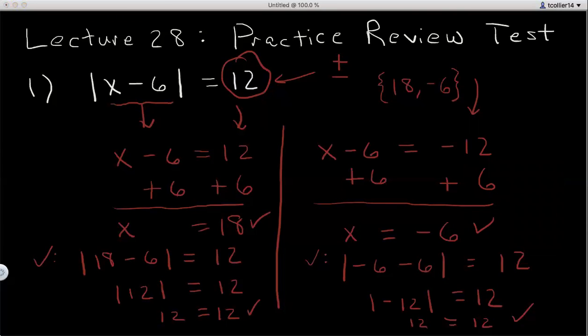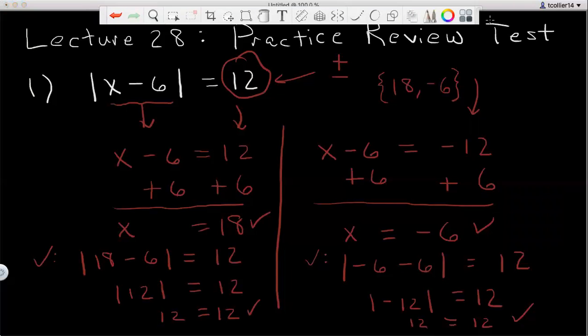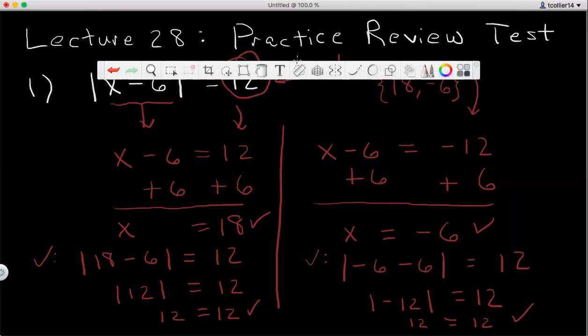Let's see. I'm probably going to have to select something. So let's see. I'm going to move this down here. And I'm going to select. That sounds good. Then I would have to erase.